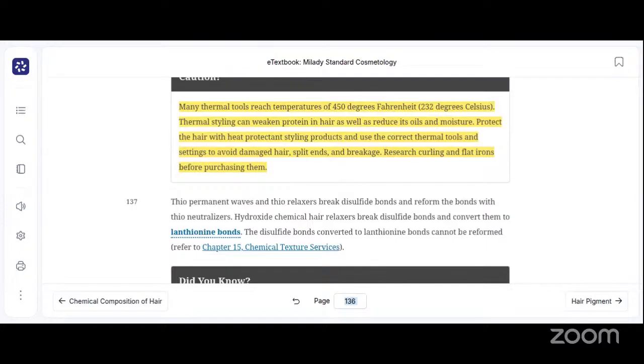Okay. And so just because it's there, that doesn't mean you have to use it all the time. Use discretion at all times in determining what heat to choose to go with this person's hair. As we learn more about flat irons and pressing combs, we will learn more about the type of coatings on those flat irons, such as titanium, ceramic, and so on and so on.